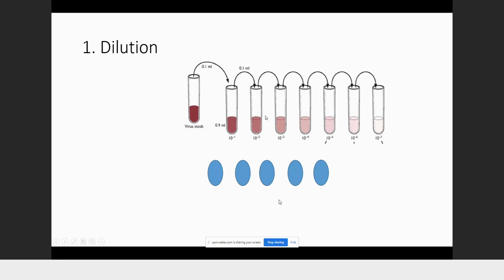So you perform 10-fold serial dilution, and depending on your needs you can go up to dilution 10. In this case, you can add dilution 8, dilution 9, and dilution 10. The minus here just refers to the dilution.